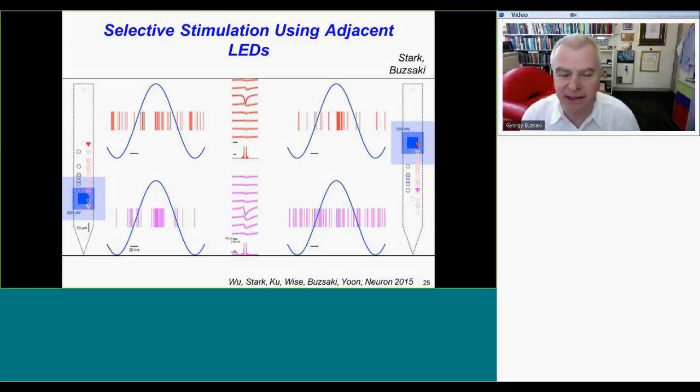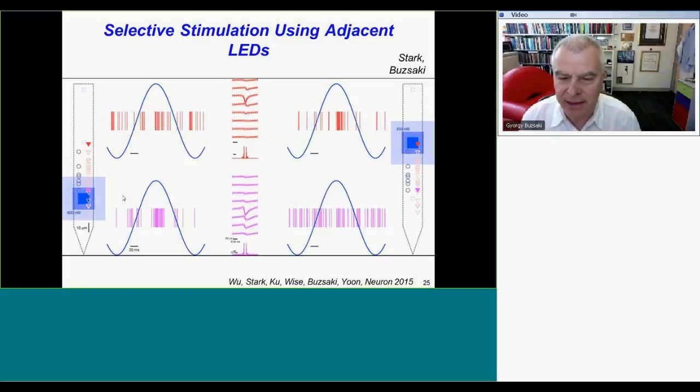So this is the slide that is probably the most critical. There are two micro LEDs on the same shank, and we can stimulate a single neuron with either one LED or the other. This is where I started to conclude that this is a tool that allows us to stimulate single or very few neurons in any combination.